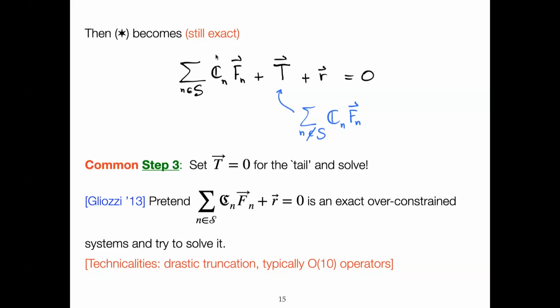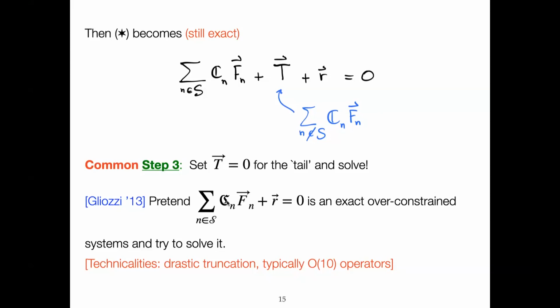And also, technically, when you do these truncations, typically people solved it with Mathematica, for example, and if you go to order 10 operators, it becomes impossible. So you are forced to very drastic truncations in this way. In 2017, Yang Li reformulated this a little bit in a more natural way. He said, okay, these are not exact equations.